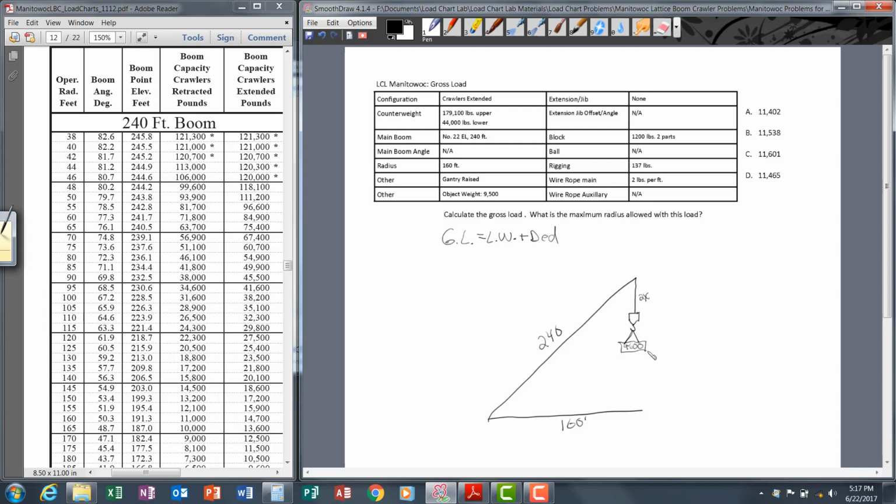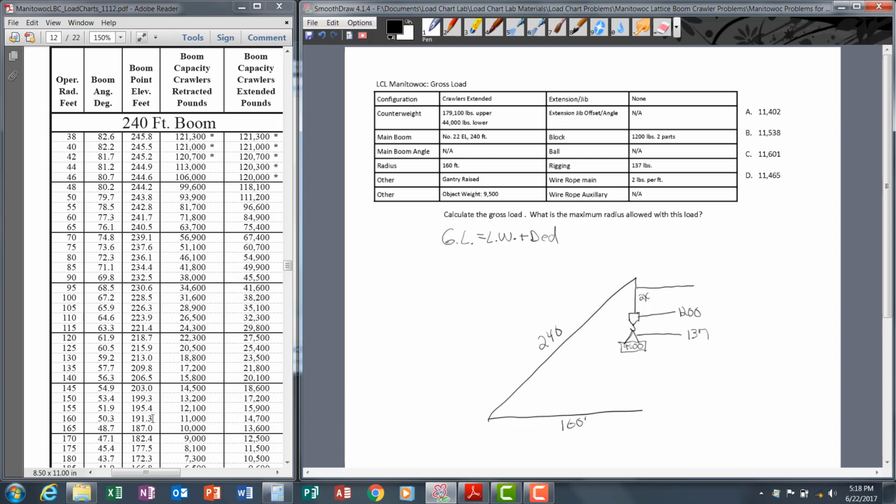Our block weighs 1,200 pounds. Our rigging is 137 pounds. Our wire rope weight, again, we're deducting all the wire rope tip to ground. So for this, we'll need to go to the load chart for 240 foot of boom and 160 foot of radius. 240, 160, third column from the left, 191.3.